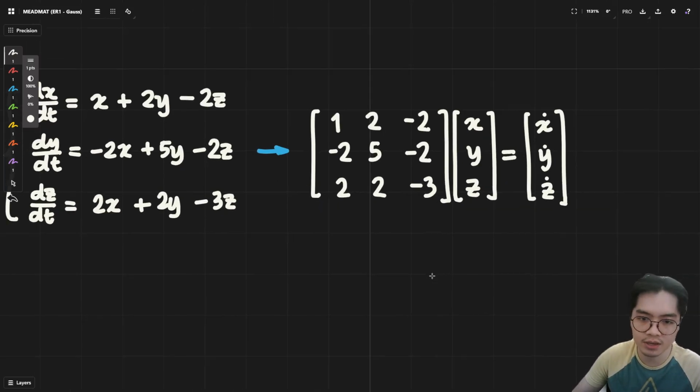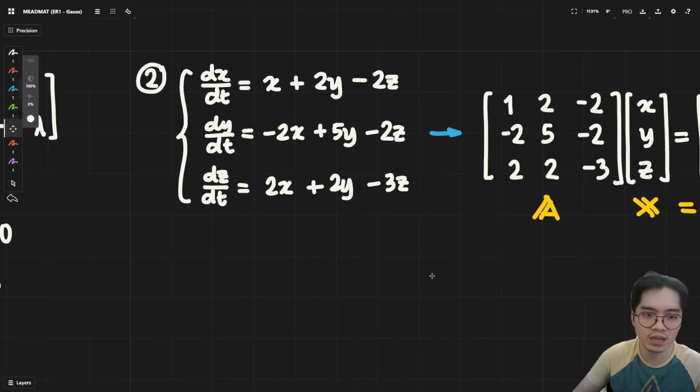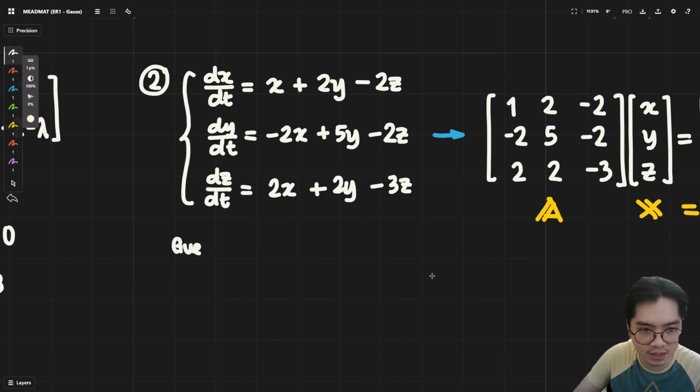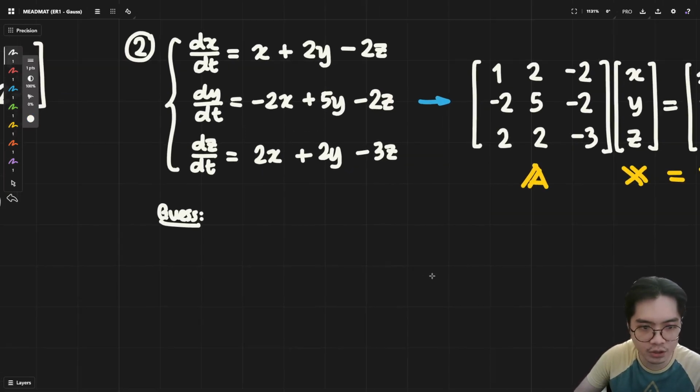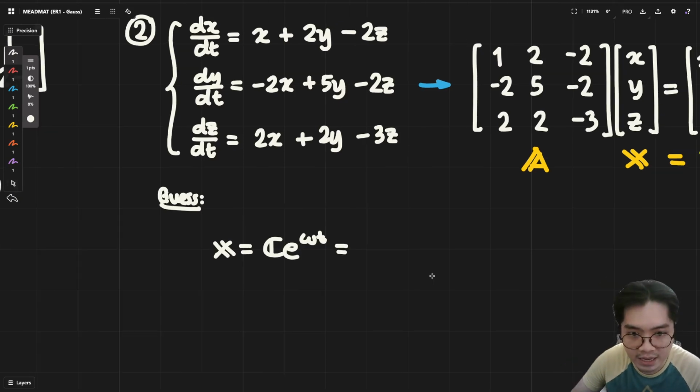In here, we can see that again, we are looking at A times x is equal to x dot. And so we can warrant a guess immediately that your x is just c e raised to omega t. And just like before, this c is now composed of the 3 eigenvectors v1, v2, and v3.